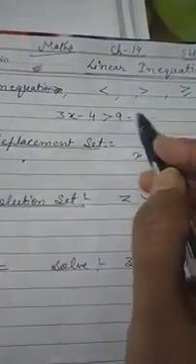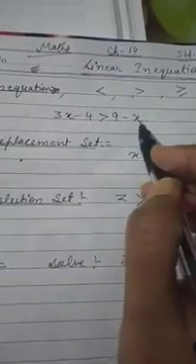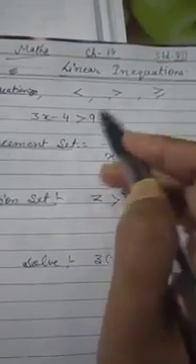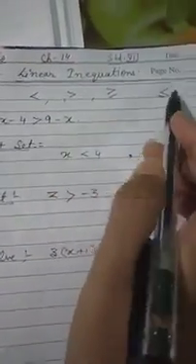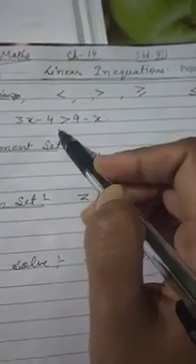Then the sign will be reversed. Means the sign will be changed. Greater than will become less than. If you multiply or divide both sides by a negative number, greater than or equal to will become less than or equal to, or less than or equal to will become greater than or equal to.